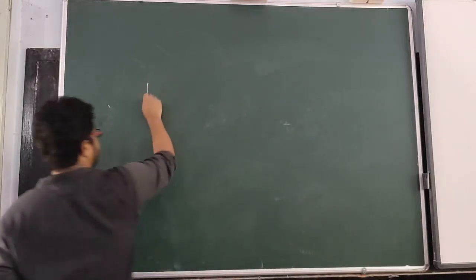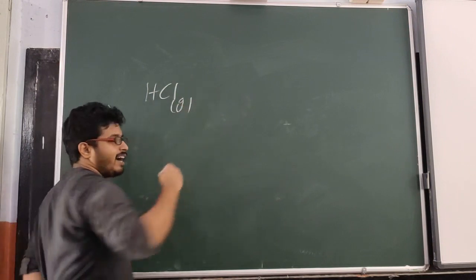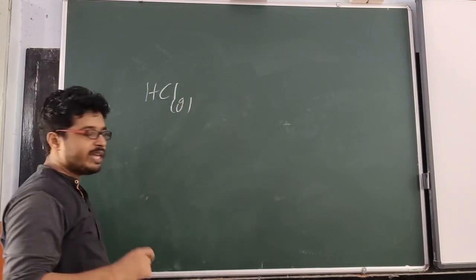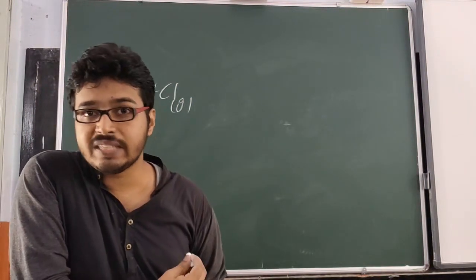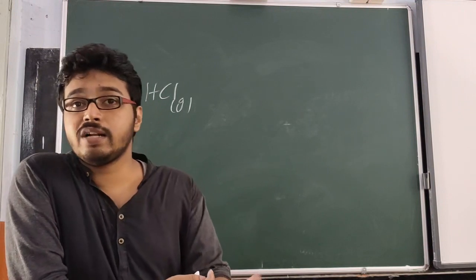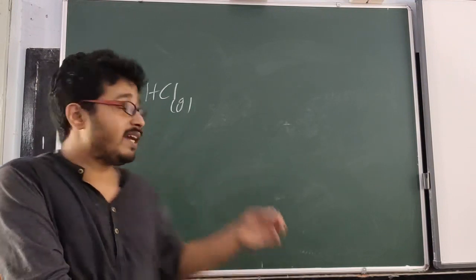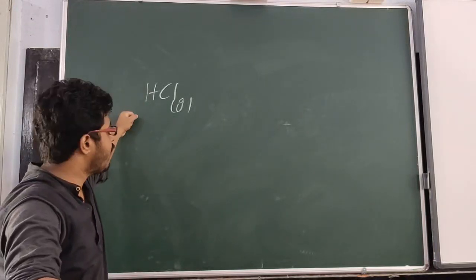We are supposed to take hydrogen chloride, not hydrochloric acid here. If by any process we produce HCl gas, or if you take concentrated HCl and heat it for a while, we get the HCl gas. Then what are we supposed to do?